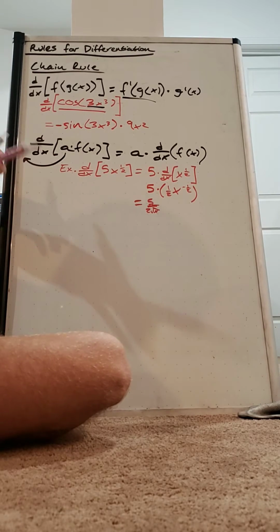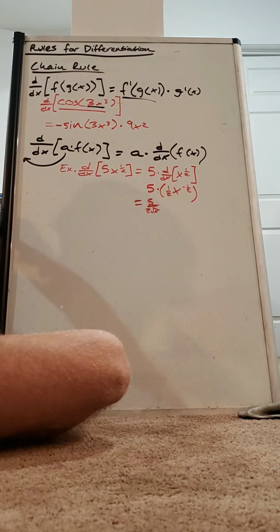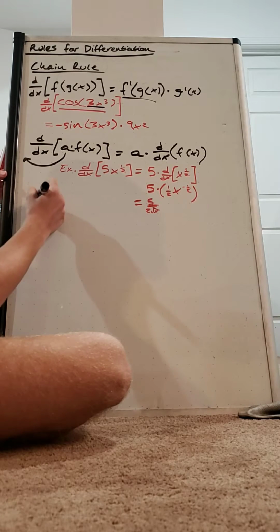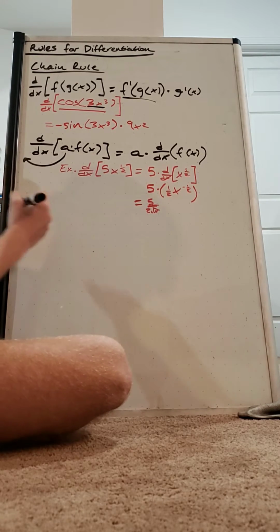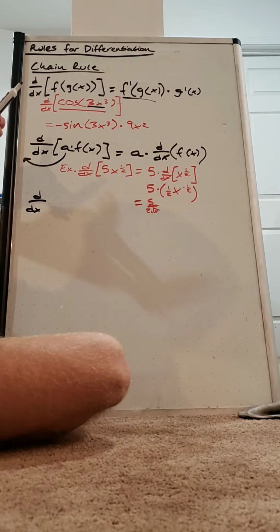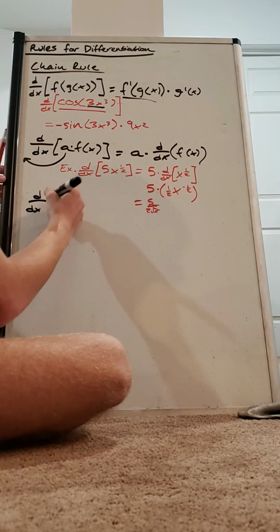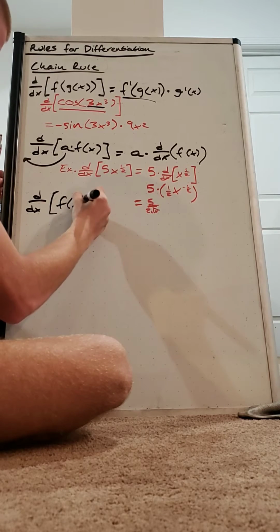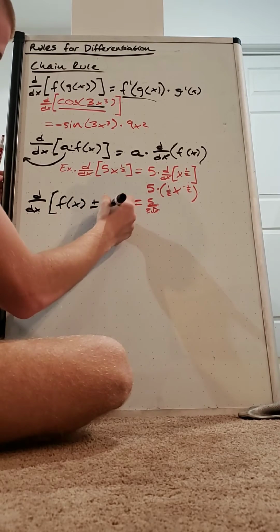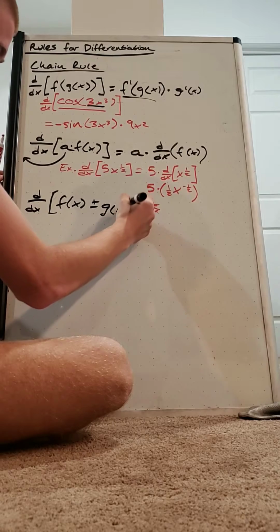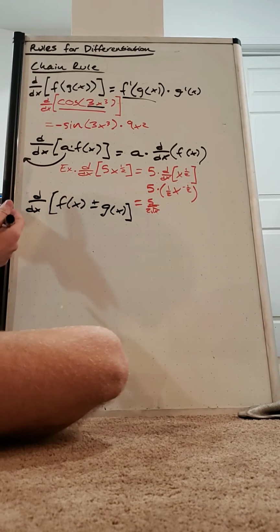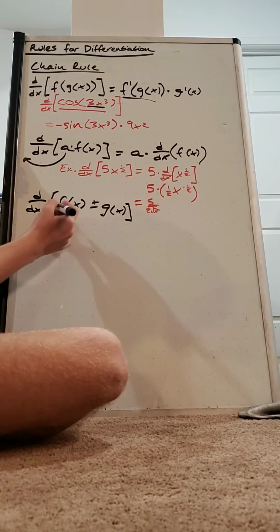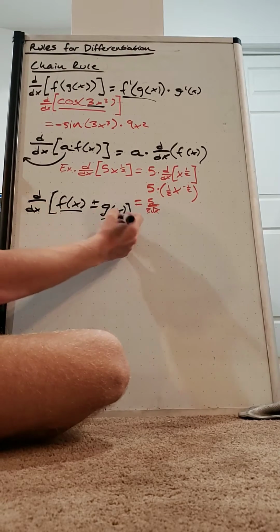And another basic rule that you should know is if you have the derivative of two functions added to or subtracted from one another, kind of the same way with limits, you can differentiate these independently.